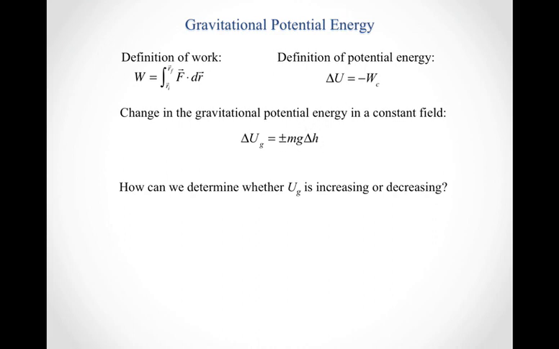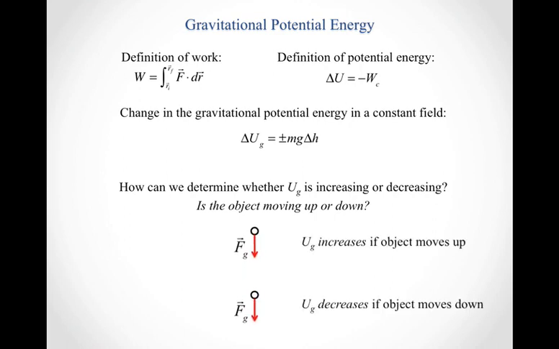So the answer to this question, when dealing with a constant gravitational field, was is the object moving up or down? We said if you take some object and let it move up or down, that the gravitational potential energy is going to increase if the object moves up, and it will decrease if the object moves down. But of course the gravitational force points down.